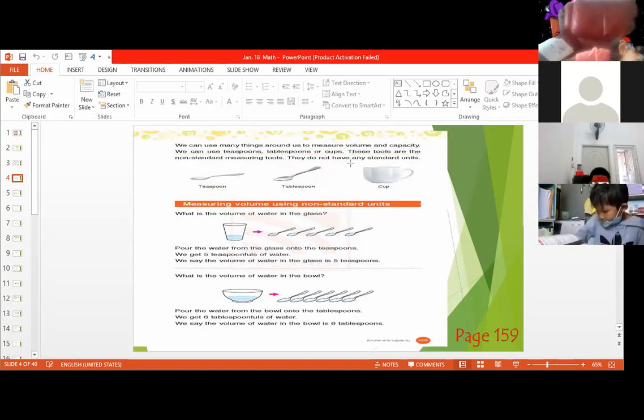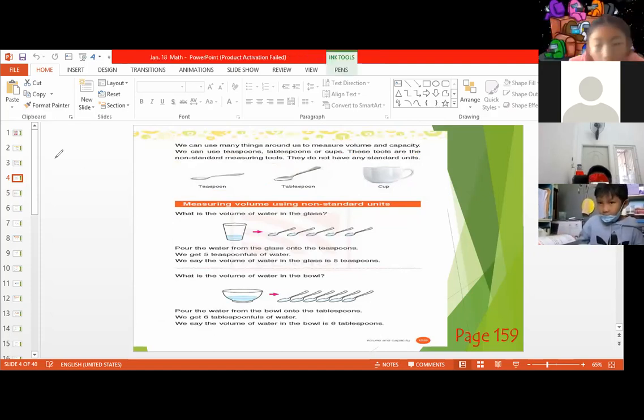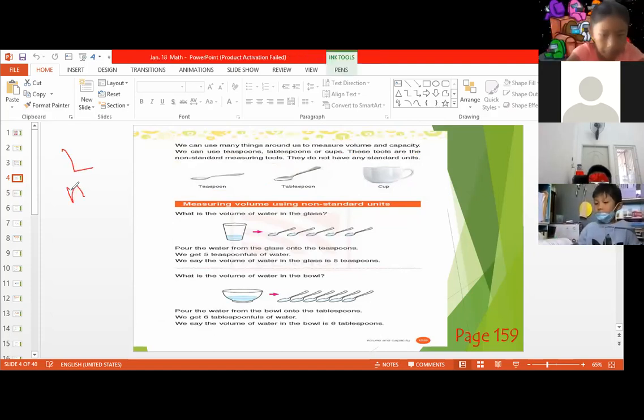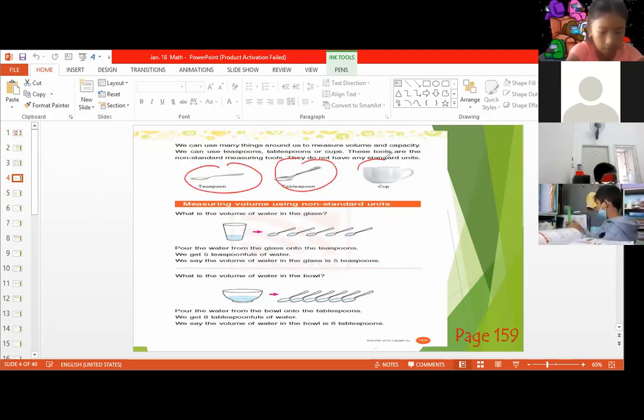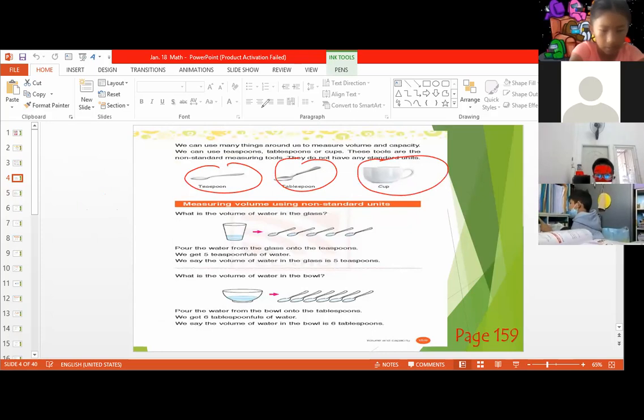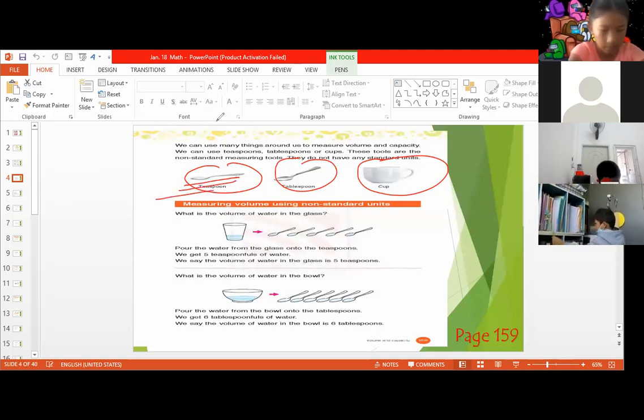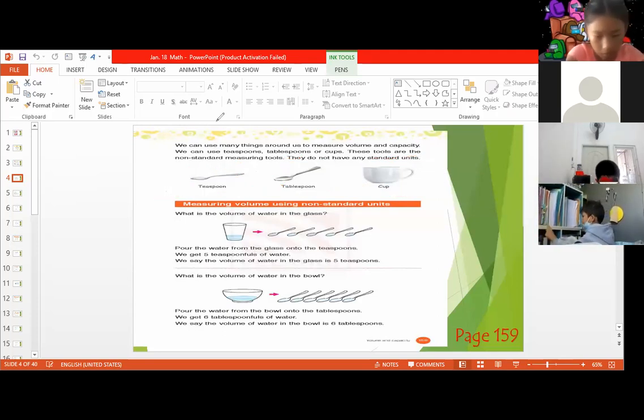They do not have standard units, unlike the standard liters, milliliters, ounces. With a teaspoon, tablespoon, or cup, you don't have any standard measurement. You just count how many spoons or teaspoons you put.